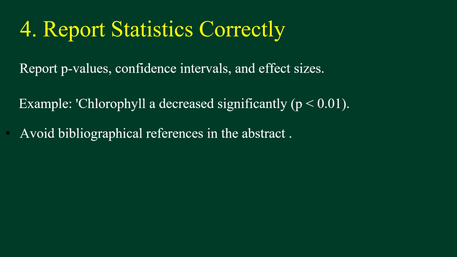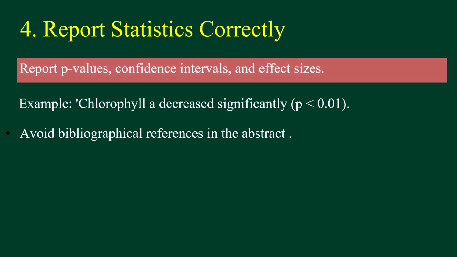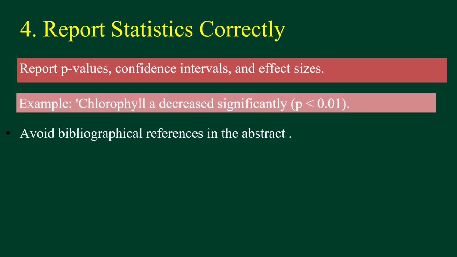Then the number 4 point is that statistical reporting should be done very correctly. If your studies include statistical tests, mention them: p-values, confidence intervals, effect size if applicable. This should be given very clearly because that adds value to your work.